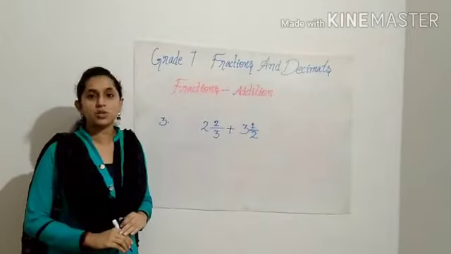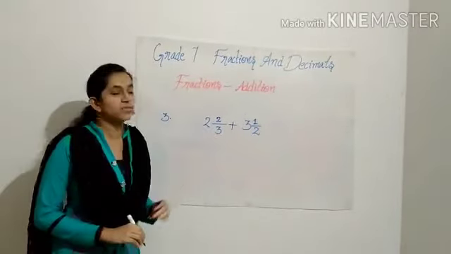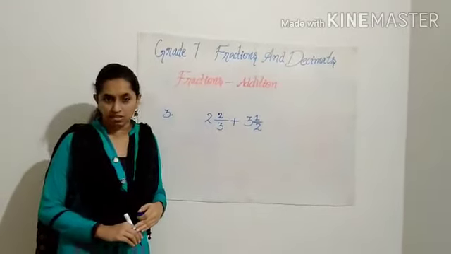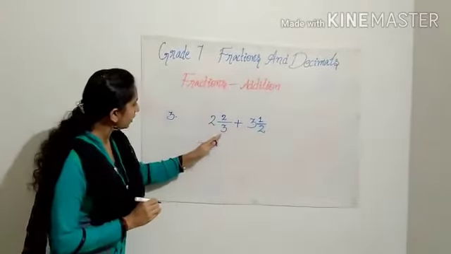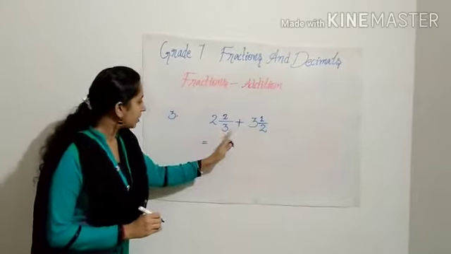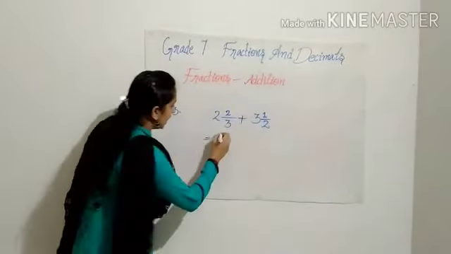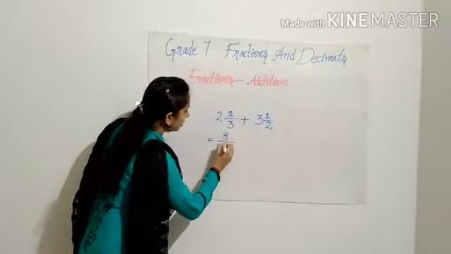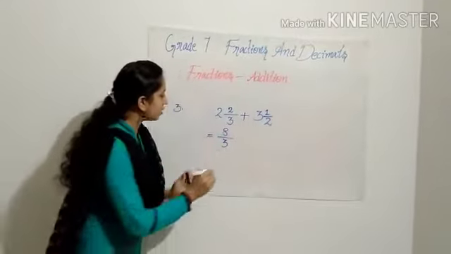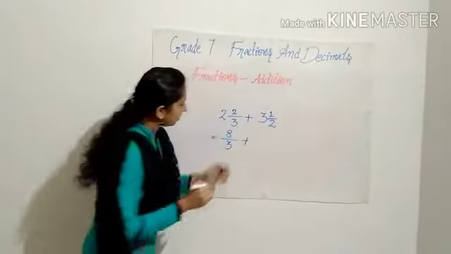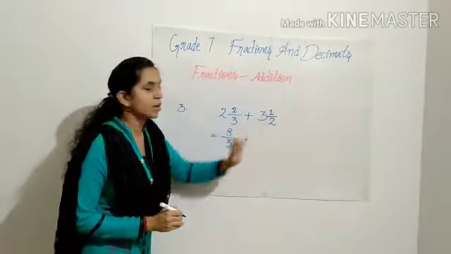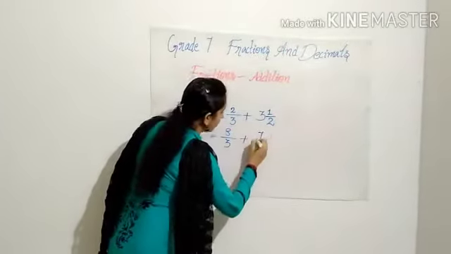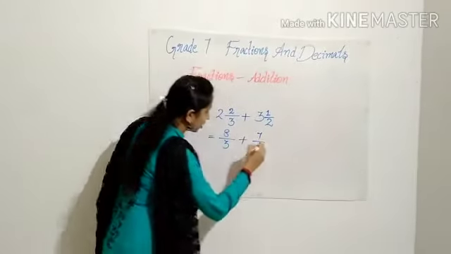Here the first step is to convert both these mixed fractions into improper fractions. 2 by 3 can be written as 2 into 3, that is 6. 6 plus 2, 8. And denominator is 3. Operation is addition plus. Again here 3 into 2, it is 6. 6 plus 1, it is 7. So 7 by 2 is the fraction.